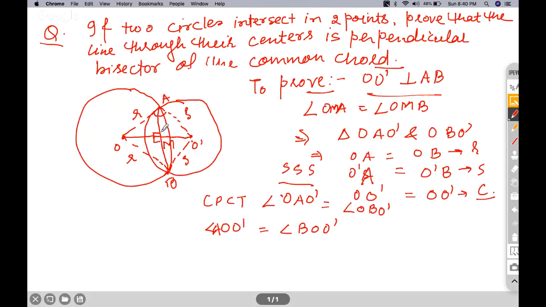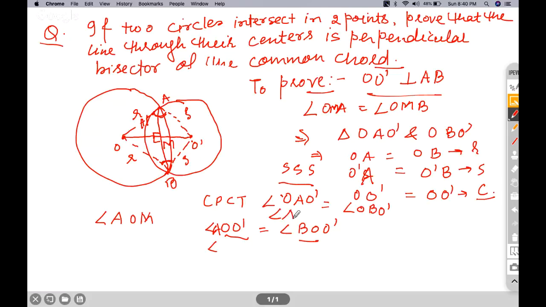Now look at here. I can also write that AO dash I have written, so it means that this angle is equal to this angle. And if this angle is equal to this angle, then I can write that angle AOM, which I have already written here as angle AOO dash.